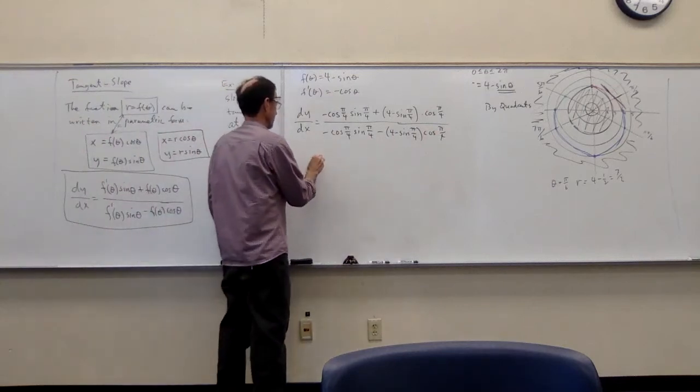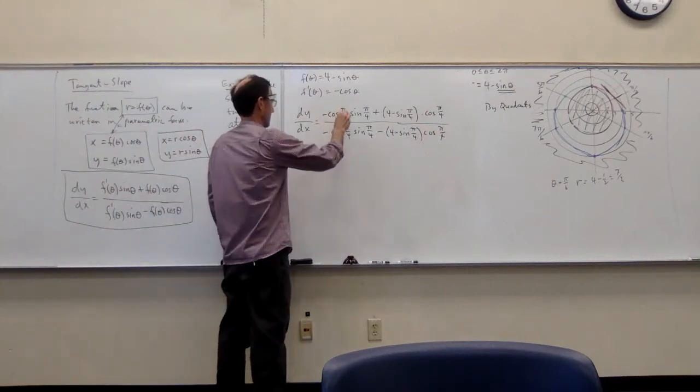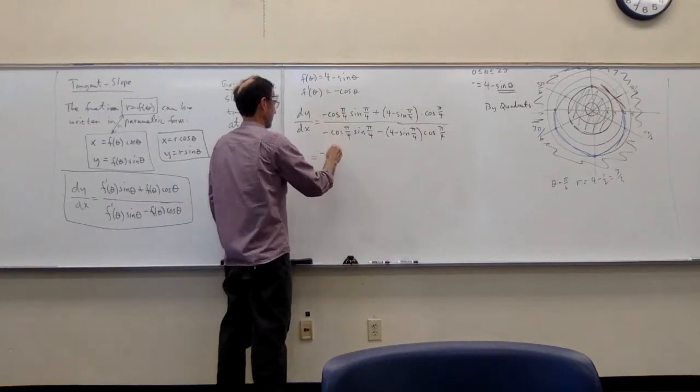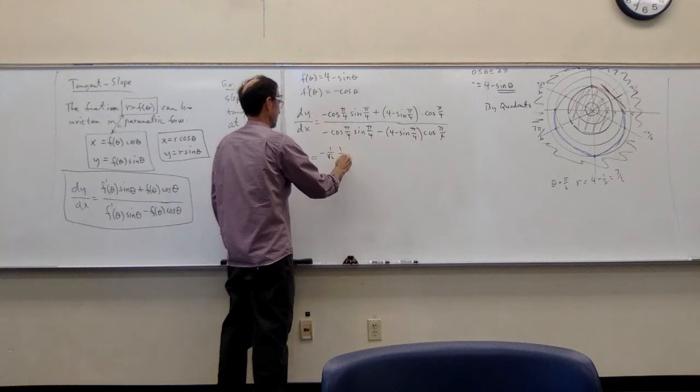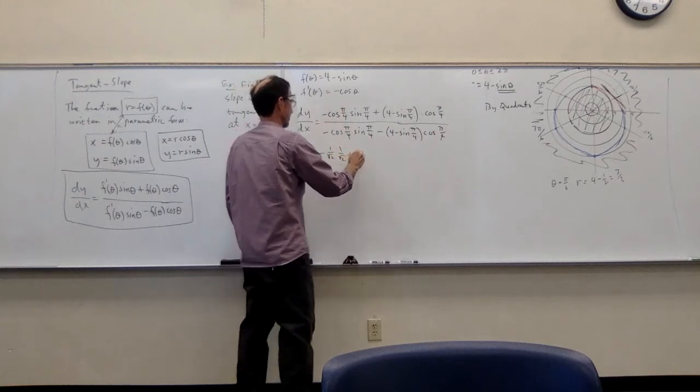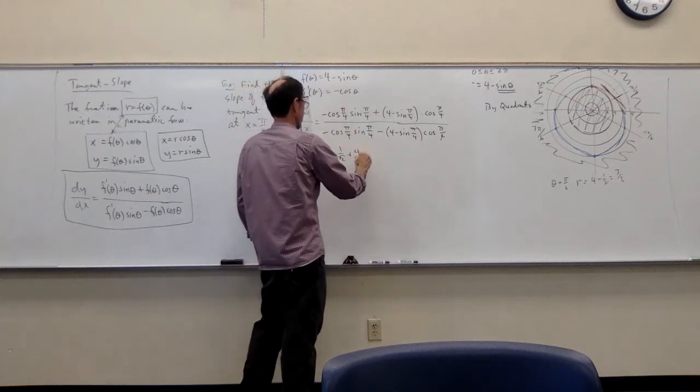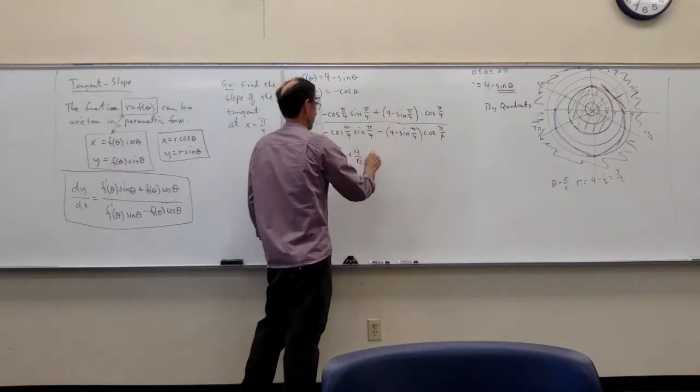And now we have an arithmetic problem. Cosine pi over 4 and sine pi over 4 are 1 over the square root of 2. Distribute.